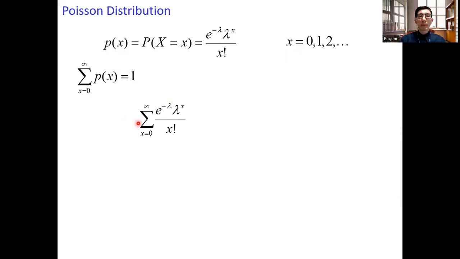All right, the summation from x equals 0 to infinity of the Poisson PMF, the first term in the numerator, e to the power minus lambda, is independent of x, so we can factor that out. And then we get the expression, the summation from x equals 0 to infinity of the expression lambda raised to the power x over x factorial.